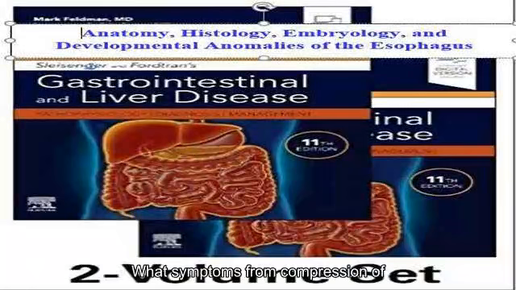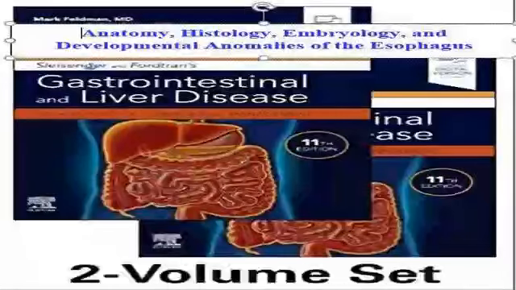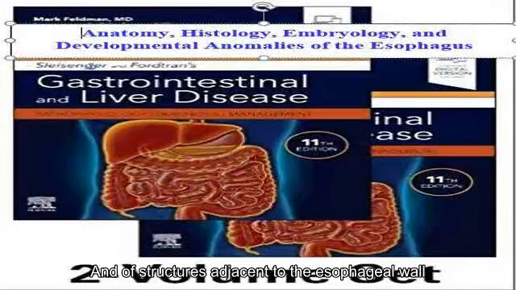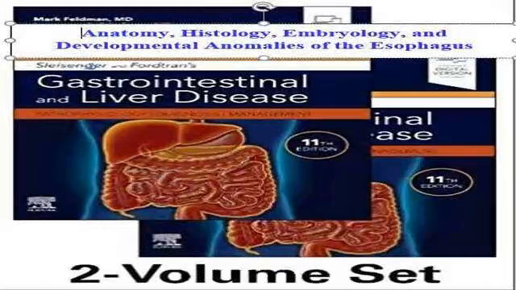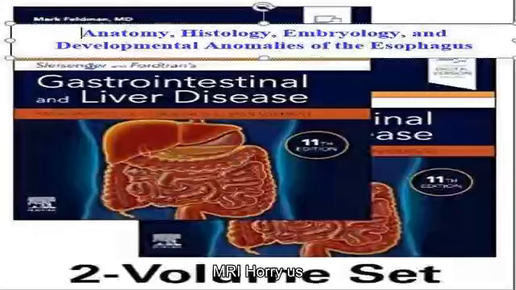Others manifest with symptoms from compression of structures adjacent to the tracheobronchial tree: cough, stridor, tachypnea, cyanosis, wheezing, or chest pain, and of structures adjacent to the esophageal wall: dysphagia, chest pain, or regurgitation. See Table 43.2. The diagnosis of an esophageal duplication cyst is supported by the demonstration of a cystic mass on CT, MRI, or EUS.